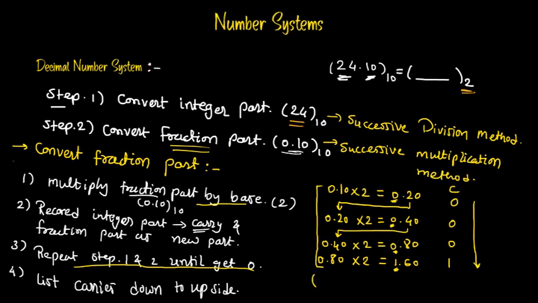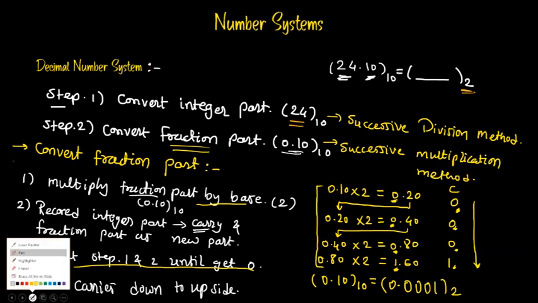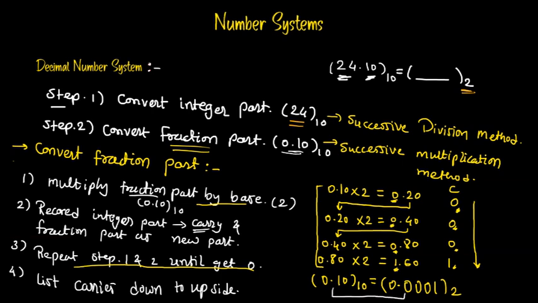So the value 0.10 in the decimal number system, if we convert it into the binary number system, we get the first bit 0, the second bit again 0, the third bit 0, and the fourth bit 1. So the equivalent value of 0.10 in binary is 0.0001. Okay, so you get the final answer. Clear?